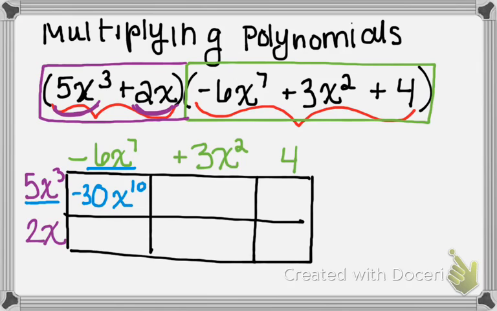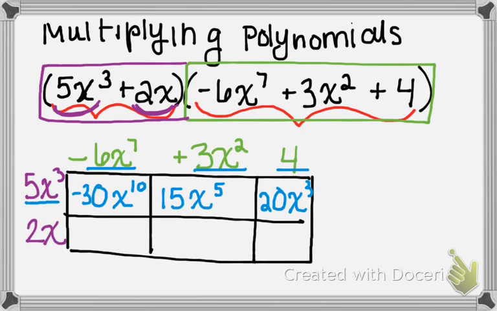So if I move over to the right, now we have 5x cubed times 3x squared, which gives us 15x to the 5th. So now 5x cubed times 4, which gives us 20x cubed.